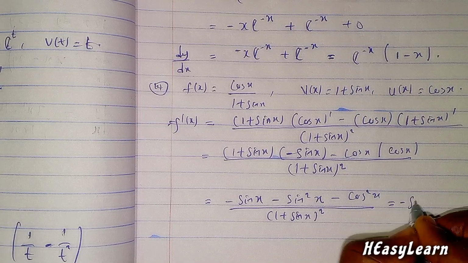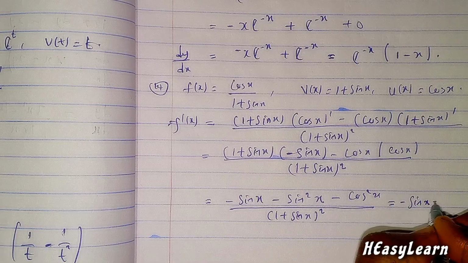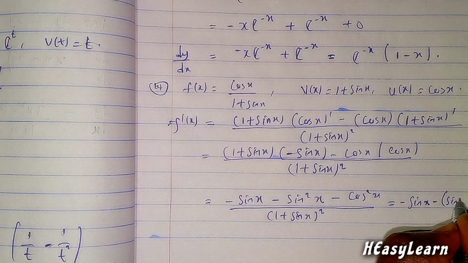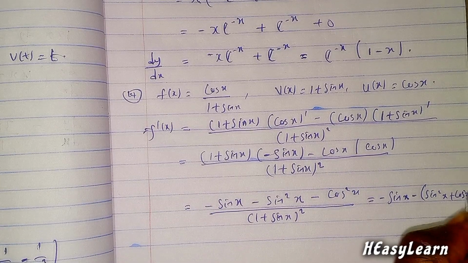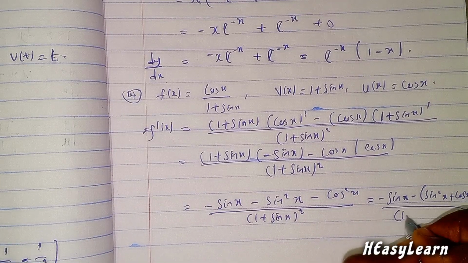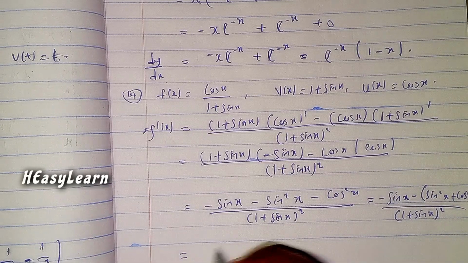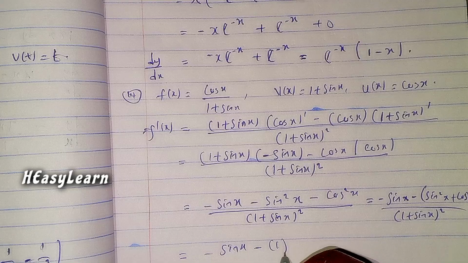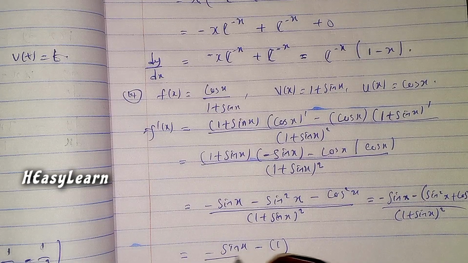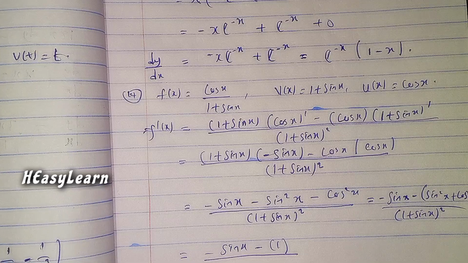This is the same thing as factor sin out: minus sin x minus (sin squared x plus cos squared x), divided by (1 plus sin x) all squared. The derivative is minus sin x minus 1, because from trig, sin squared x plus cos squared x equals 1.